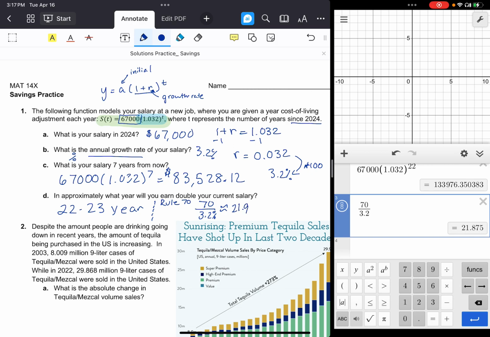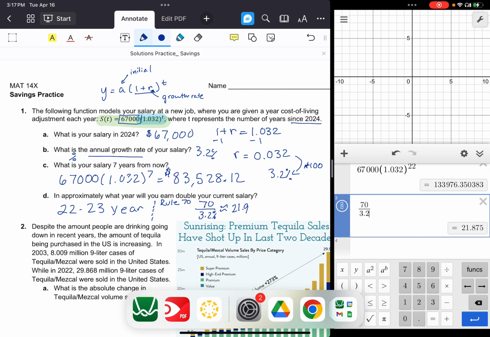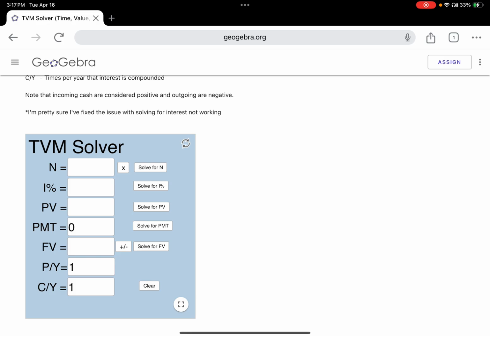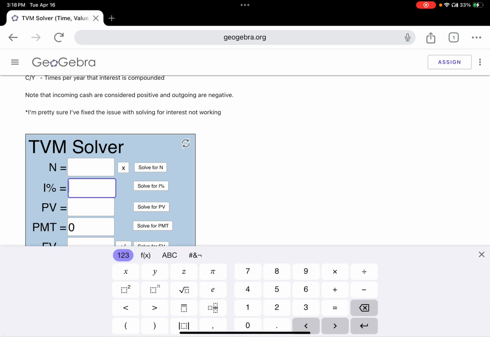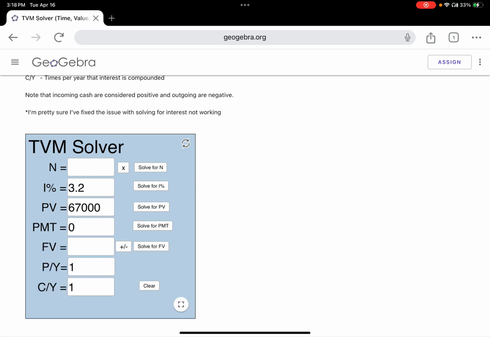And then the third and final strategy is to use those TVM solvers we were actually learning about just recently in class. So if I open up my TVM solver, I would be solving for n. Remember, our I value is our growth rate. Our PV is sort of our initial value.